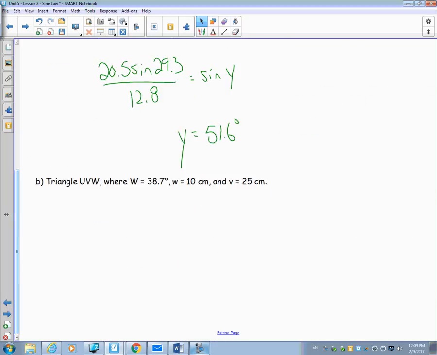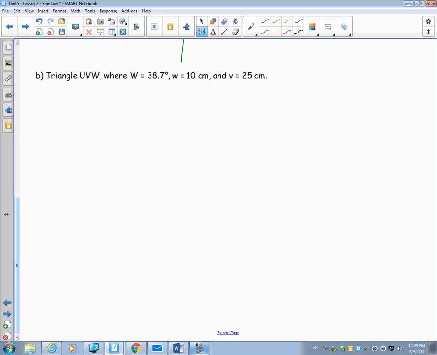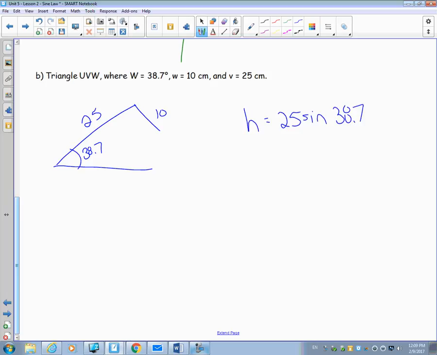Okay, triangle UVW. Okay, so W, my angle in the corner, 38.7. My side is 25, the opposite one is 10. Find my height. My height is 25 times the sine of 38.7.